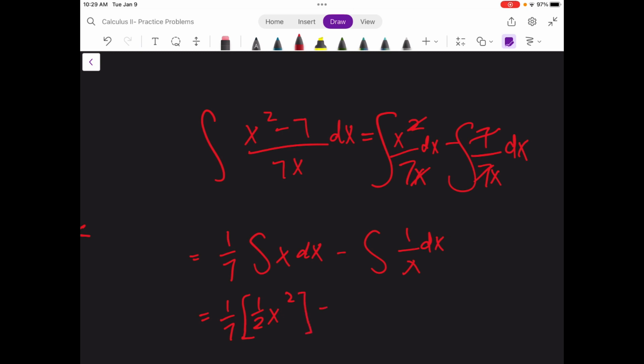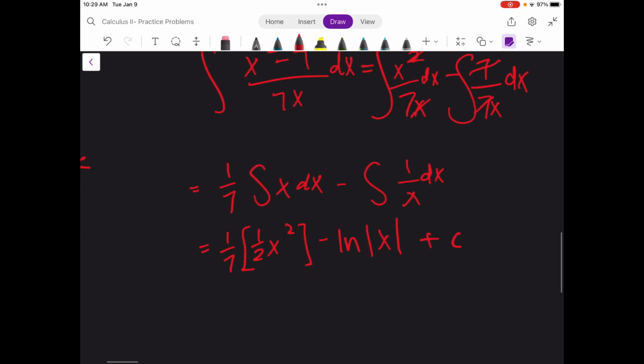And then here we have that du over u, or dx over x form, where it's just going to turn into ln of the absolute value of x. Of course, there's the constant. So finally, we are left with 1/14 x squared minus ln of x plus c being our final answer.